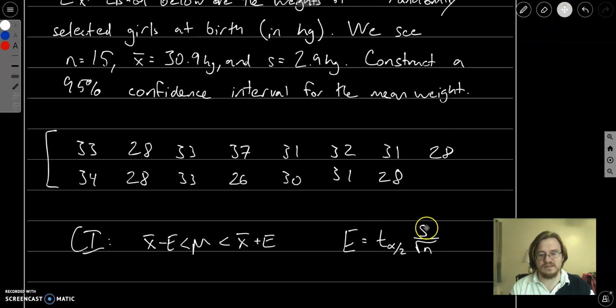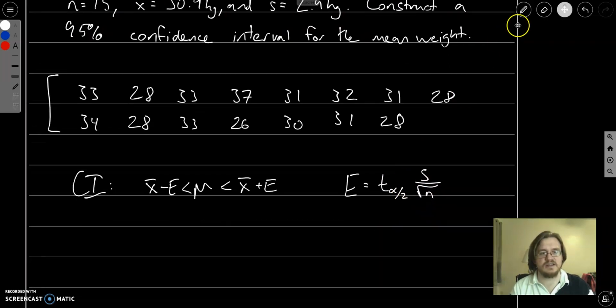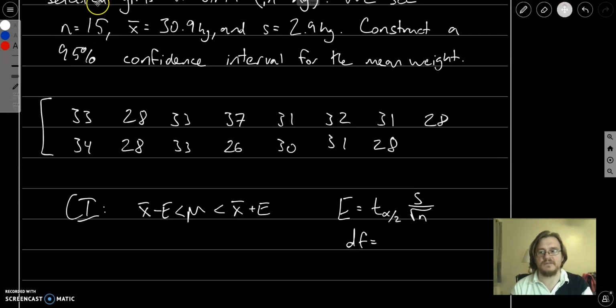We know our sample size, and we know our sample standard deviation. We will need to figure out t here. And in order to figure out t, we also need to know the degrees of freedom. Because we have 15 members of our sample, our degrees of freedom would be 14.